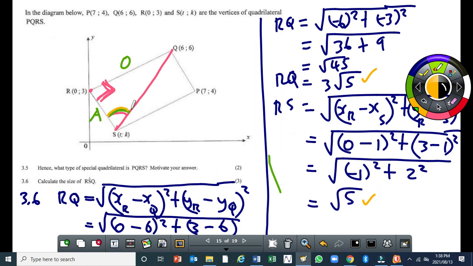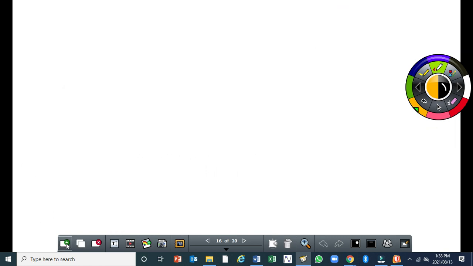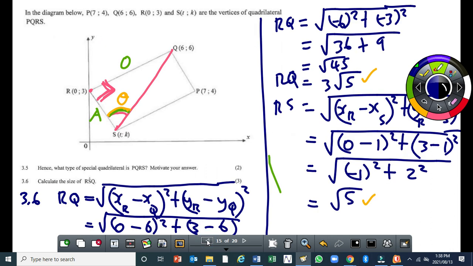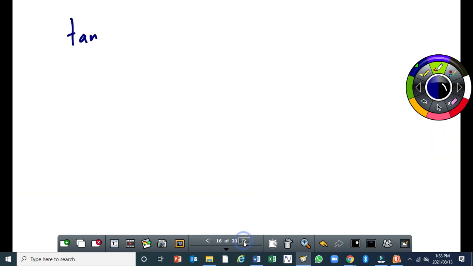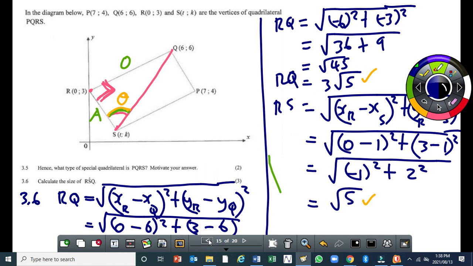So this angle is the one that I want. I'll call it theta. So it will be tan theta, or I can just put the actual angle RSQ. So tan RSQ is equal to the opposite side, which is RQ.